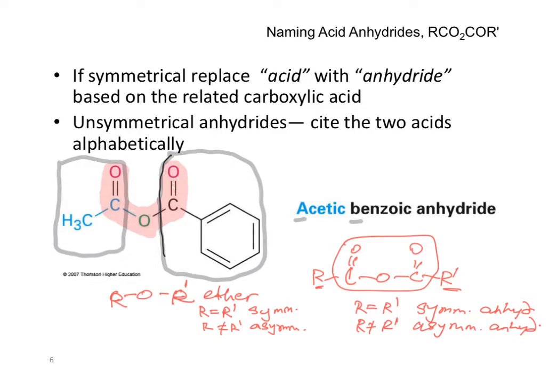What that means is that if you wanted to put this as a completely IUPAC name, you will have to call it benzoic ethanoic anhydride, because your two acids would then be benzoic acid and ethanoic acid for acetic acid. So know the difference between the CA and the IUPAC name.